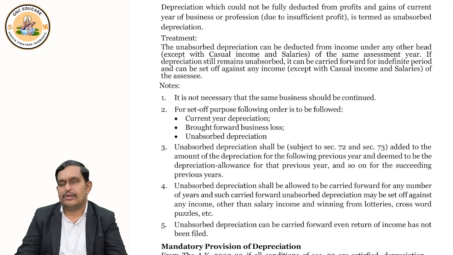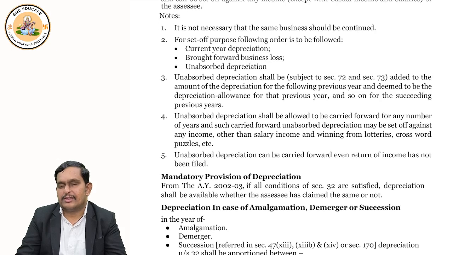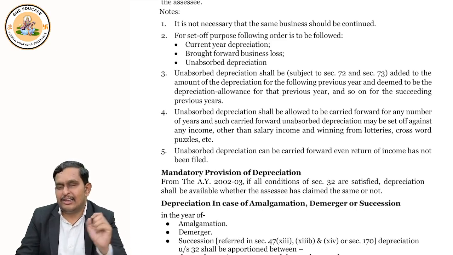Very good. So now your business income was 1 lakh. If depreciation would have been 80,000, you would have said 1 lakh minus 80,000, 20,000 business income. But suppose depreciation is 1,50,000, then business income is 0, business loss is 0, but 50,000 unabsorbed depreciation. You can adjust it from any head, but can you adjust it from salary, casual incomes?